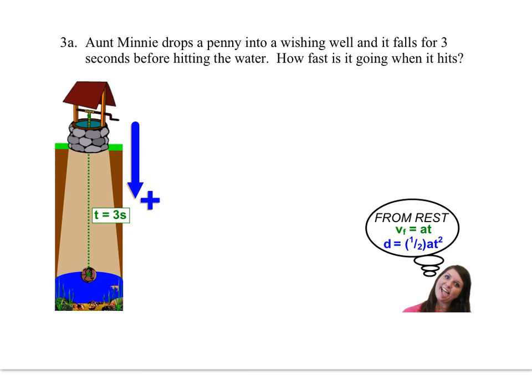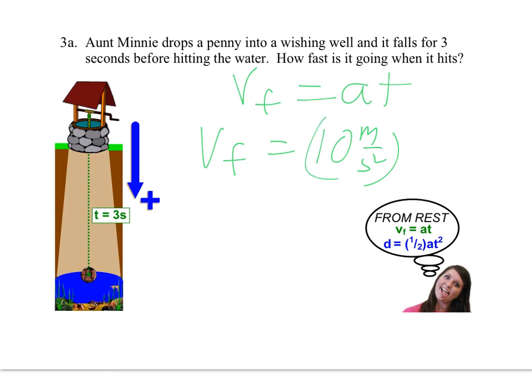So this is a case where we're interested in VF equals AT. Speed is equal to acceleration times time. If gravity accelerates us down at 10 meters per second squared, and it falls for 3 seconds, notice that we're talking about down being positive.